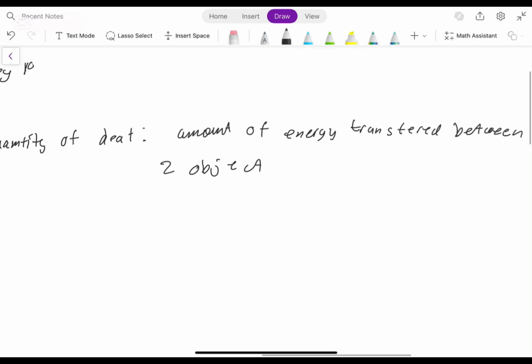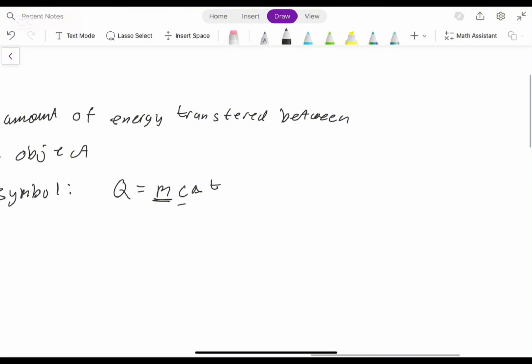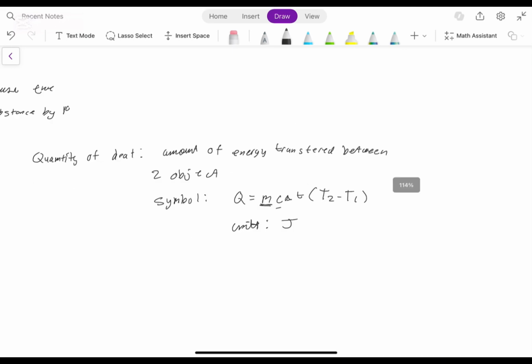And the symbol we're going to use for this is simply Q, equal to m c delta T. M stands for the mass, C stands for our capacity, and delta T is temperature 2 minus temperature 1. And the units in this are just joules.